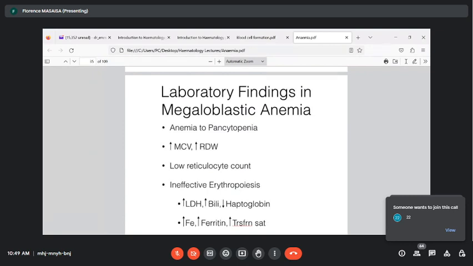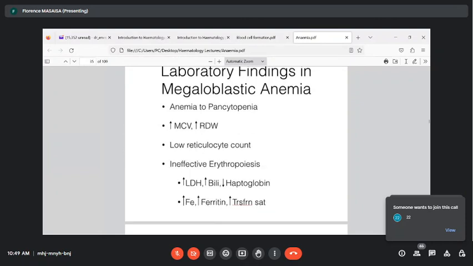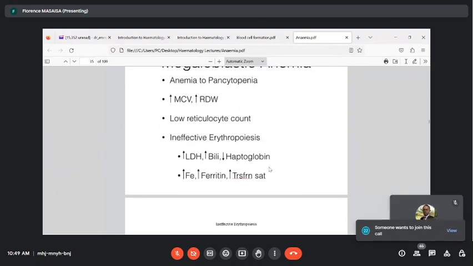They have low reticulocyte count. There will be increase of LDH, increase of bilirubin, decrease of haptoglobin, increase of iron and ferritin. Who can explain the mechanism behind this test elevation? Why do they have increase of LDH, bilirubin, and decrease of haptoglobin?